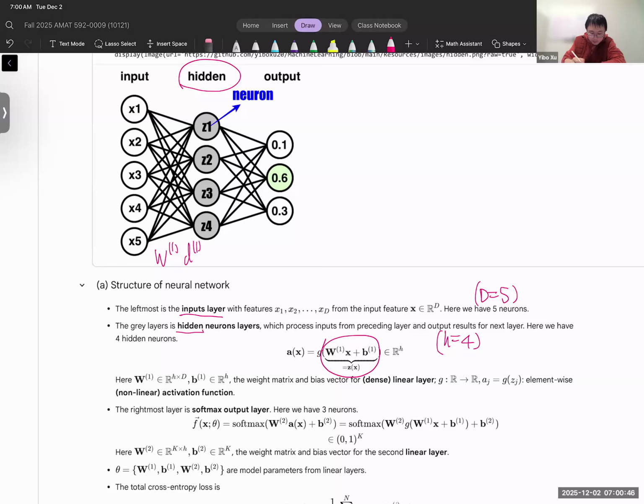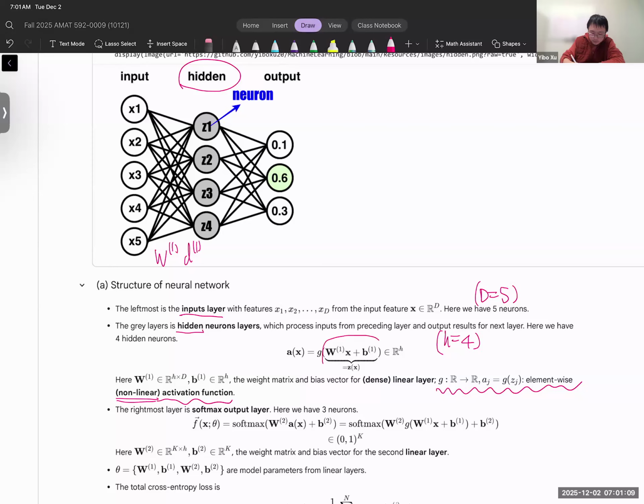And then G is my activation. G is an element-wise activation function, possibly nonlinear. Of course, it must be nonlinear because the mapping that you have done is linear. If G is linear, then everything is linear, and that doesn't make sense.